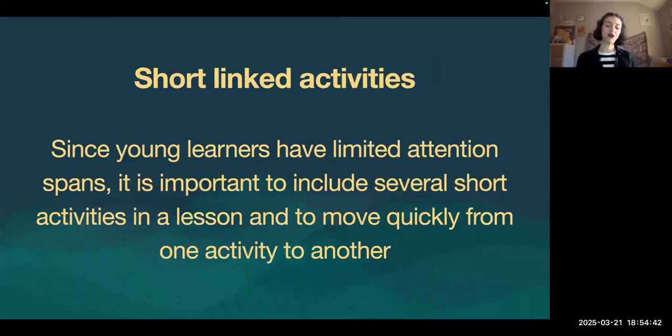Also, what I do believe is very useful is to give short linked activities. Since younger learners have limited attention, an attention span very limited compared to adults, it is important to include several short activities in a lesson and move quickly from one activity to the other. My suggestion is around 5-10 minutes.